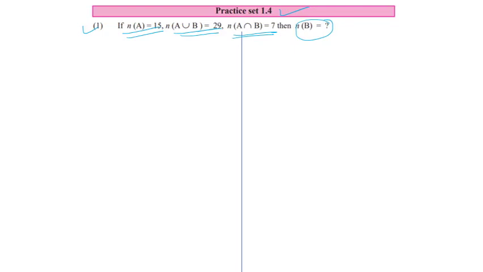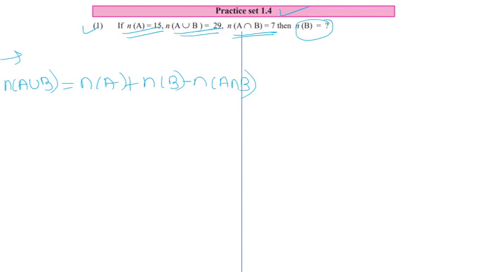Do you remember something? We have learned one formula: n of A union B equals n of A plus n of B minus n of A intersection B.